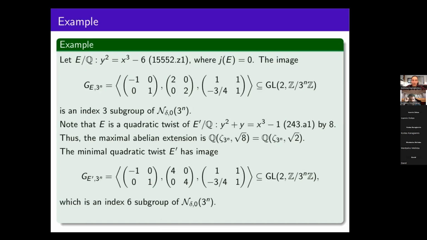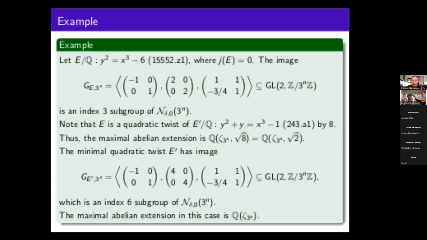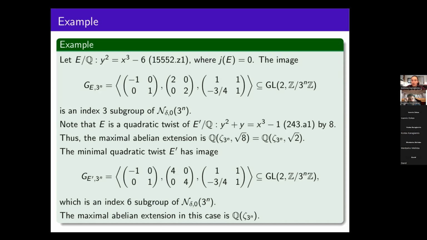And so we can now look at the minimal quadratic twist E, which has this image, which is an index 6 subgroup of the normalizer. And this is a minimal quadratic twist, so we don't really have a square root of alpha to adjoin to it. So the maximal extension in this case is just Q adjoin the roots of unity. So when you see that some cases have a square root of alpha, that just means that those images correspond to elliptic curves that are quadratic twists of other curves.